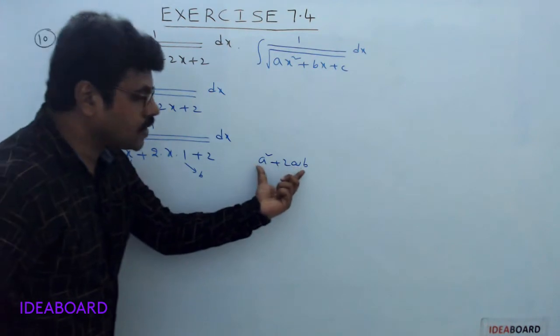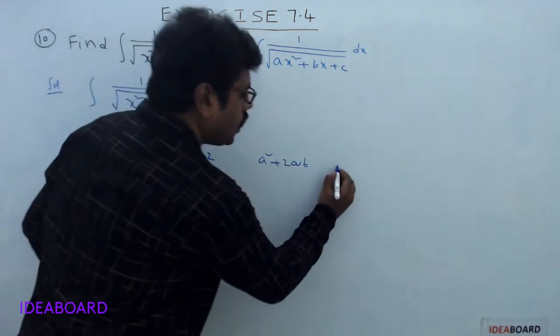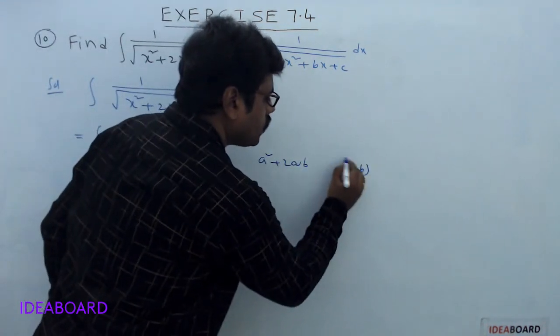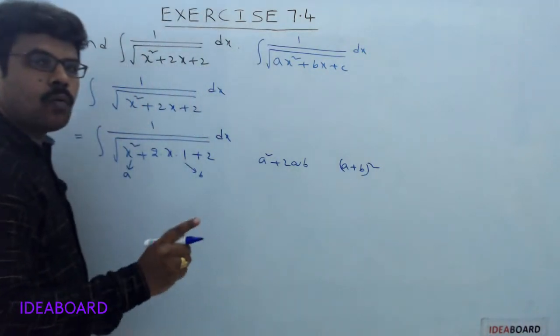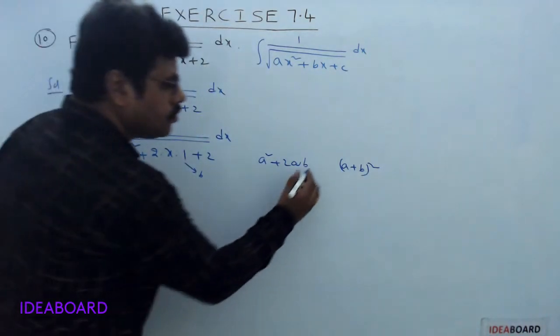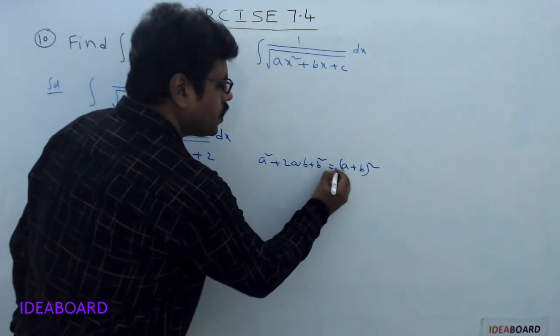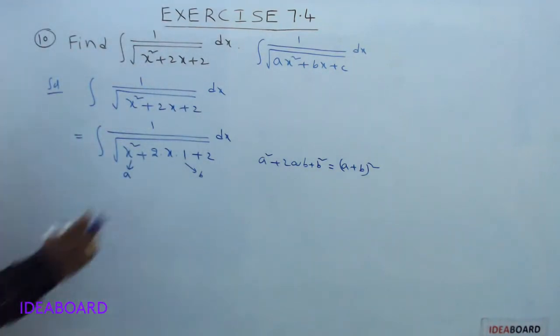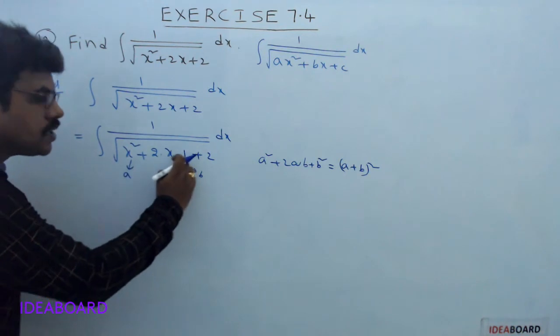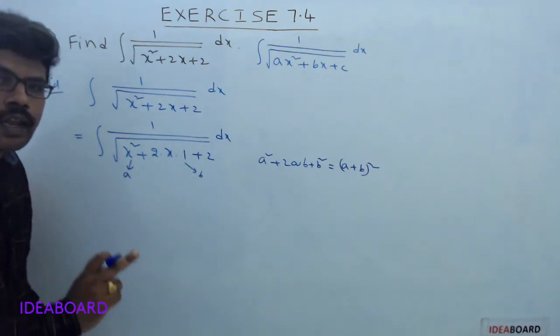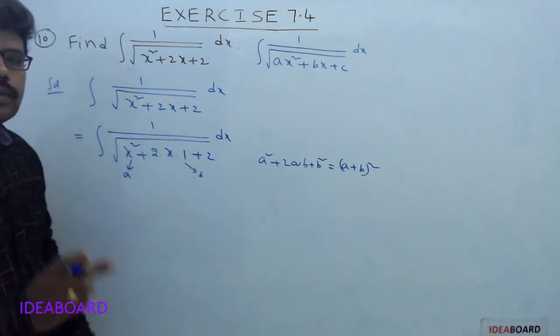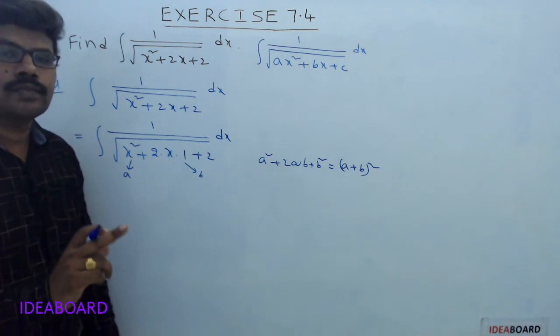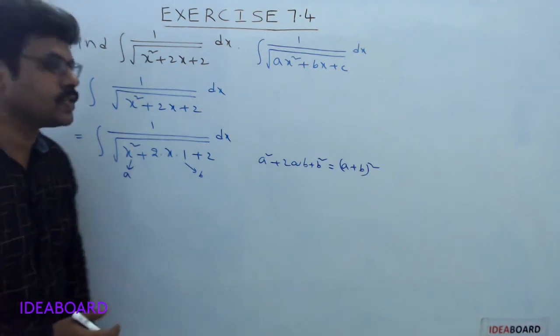To convert this expression into the form a plus b whole square, we need one more term. What is the term? b square. So here b square is 1 square. To convert this expression into a perfect square, we need a 1 square term. So adding 1 square and subtracting 1 square.